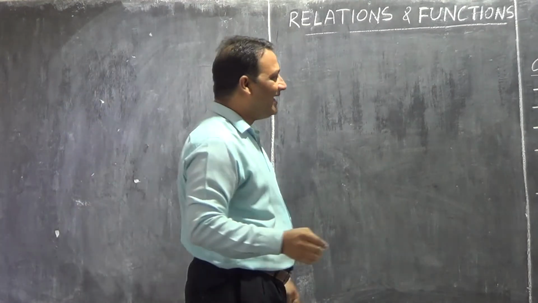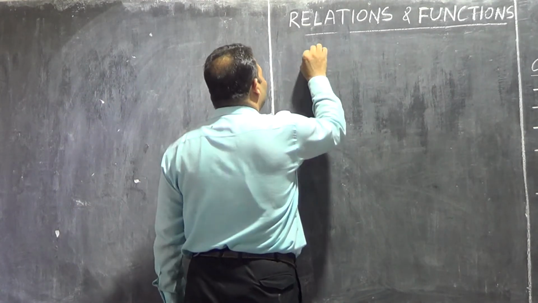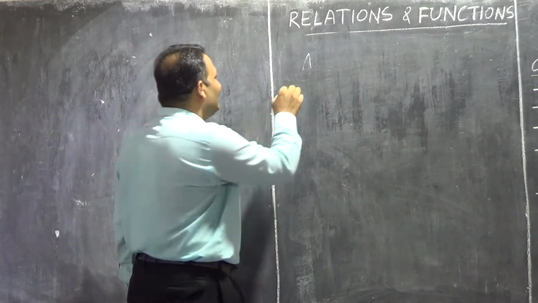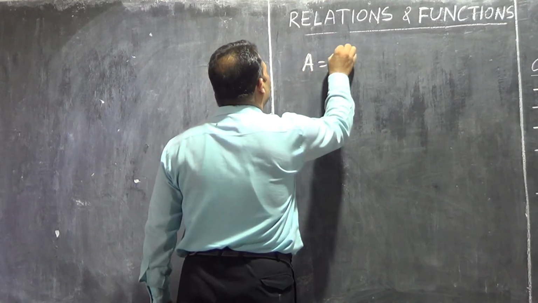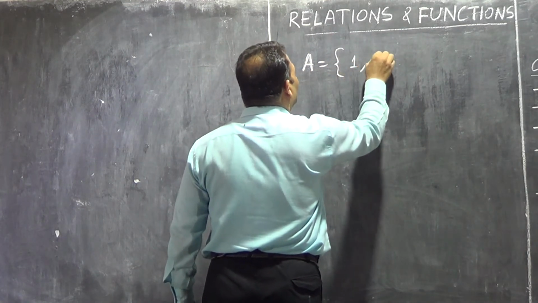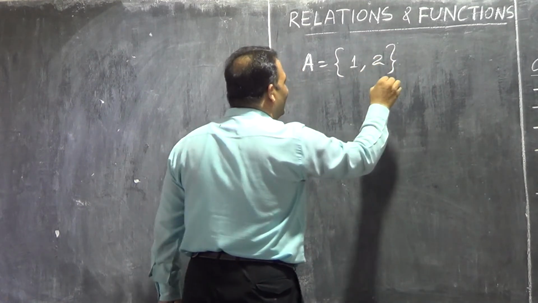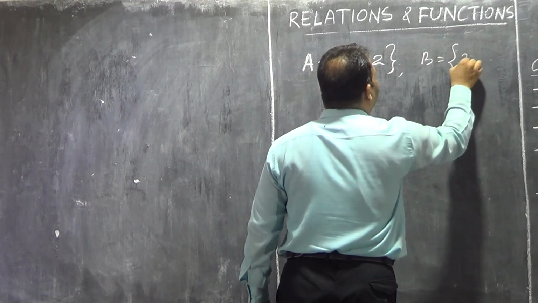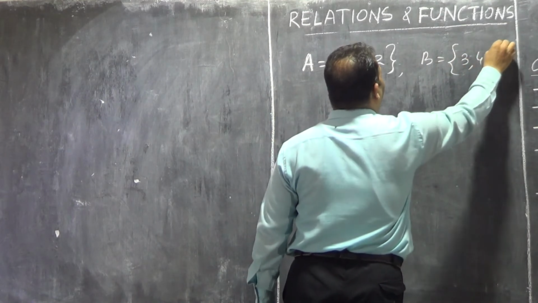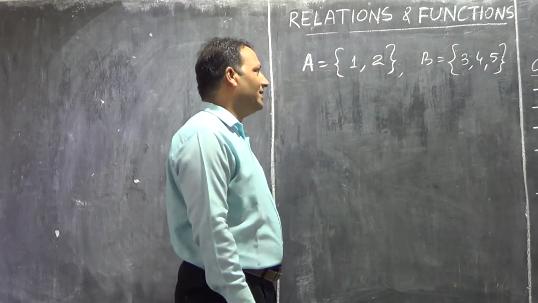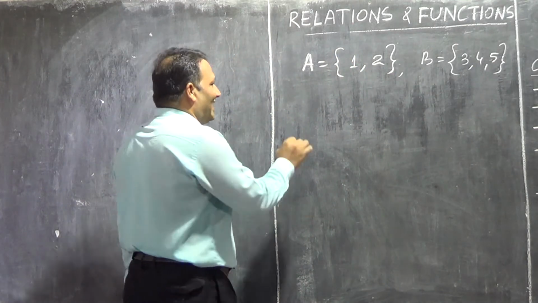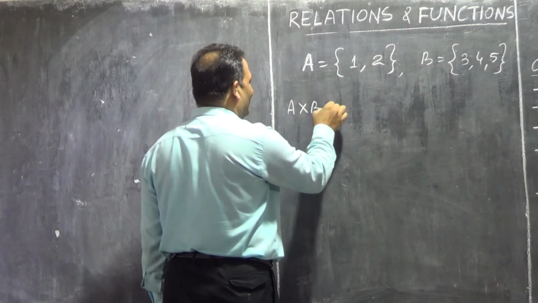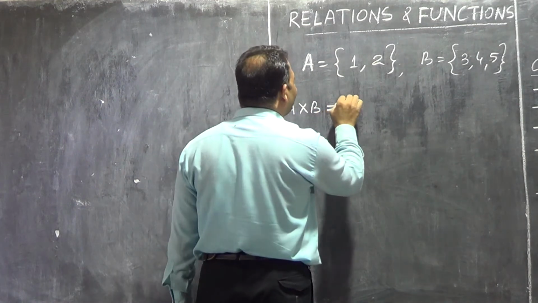So let us take the same example, A equal to 1 and 2, it contains two elements, and B equals 3, 4 and 5. We can find the Cartesian product of A and B, A cross B.